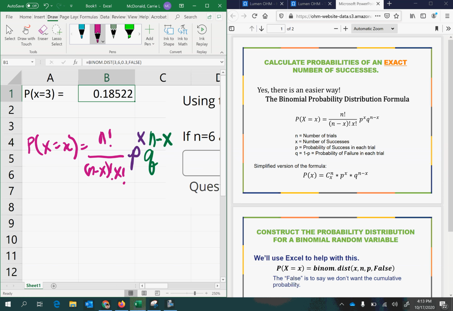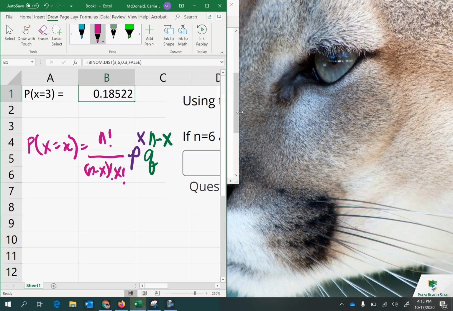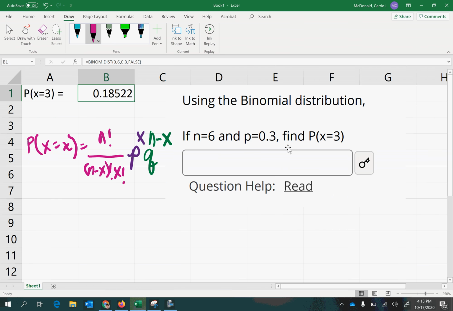So when we plug into this formula with the values we were given in this problem, and remember those values were n is 6, x is 3. Okay, so we're going to start with the combinations formula. So we have 6 factorial, then n minus x, so that would be 6 minus 3 factorial.